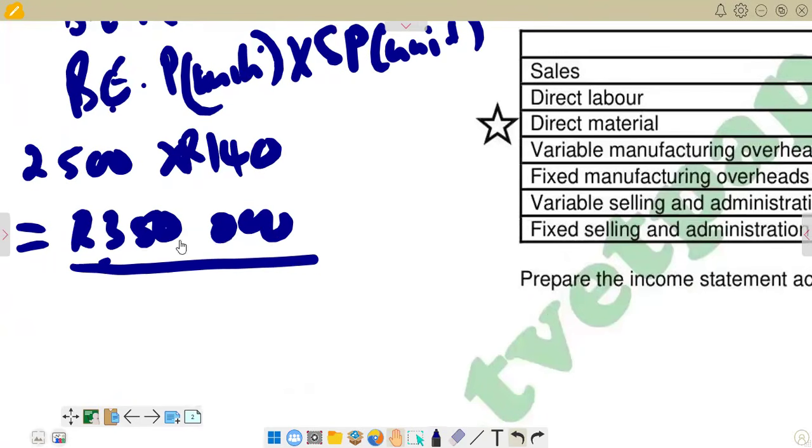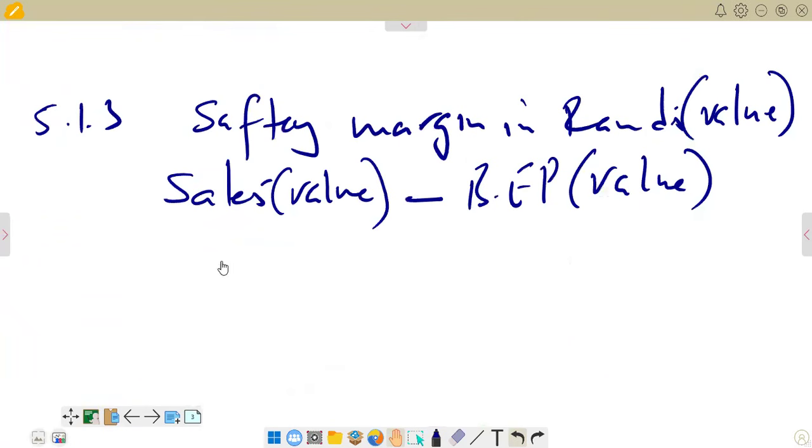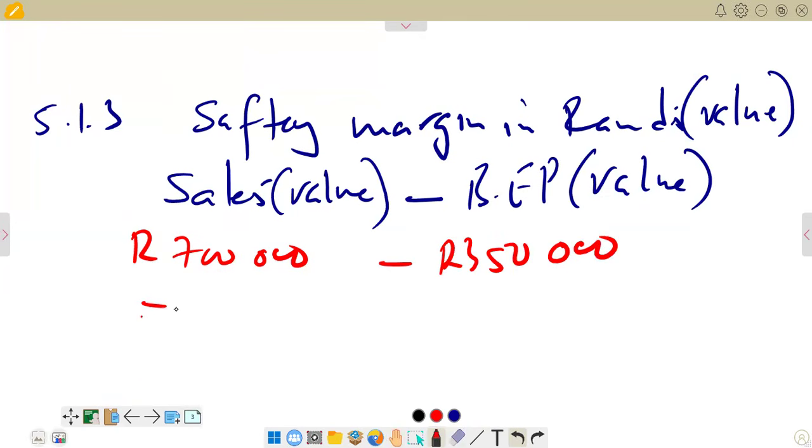The sales value that we are given is 700,000, then we subtract the break-even point in value, which is 350,000. If you do that, we are going to get 350,000 rands. So this is the safety margin in rands.